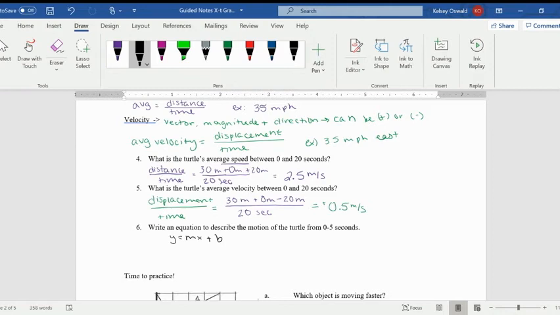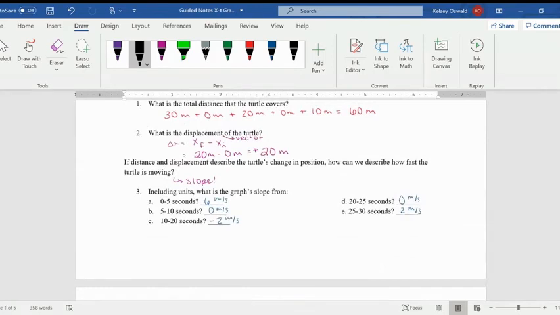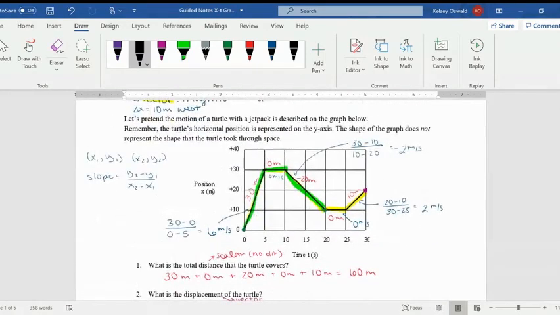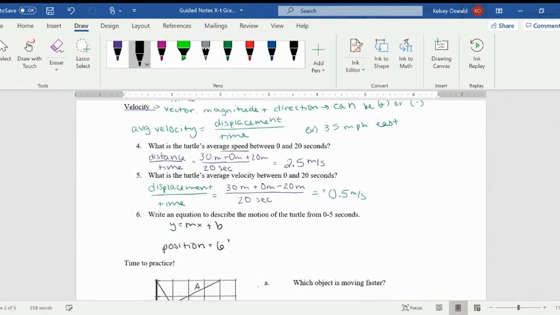So on our y-axis, we have position, and for our slope from 0 to 5, remember, that's the same thing as our speed or velocity. So when we come up from 0 to 5, we saw that our speed there, or our slope, was 6 meters per second. So we'll plug that into our equation. We want to multiply that by our x variable, which on our x-axis is time.